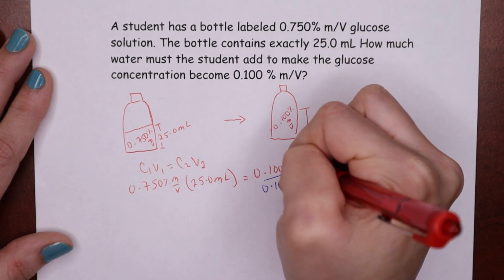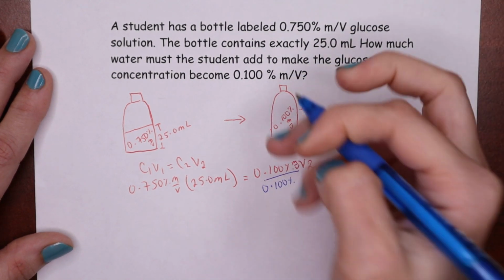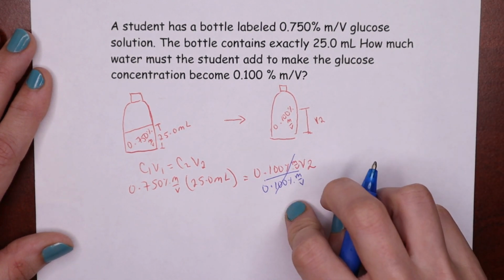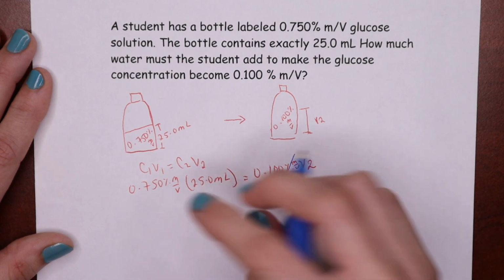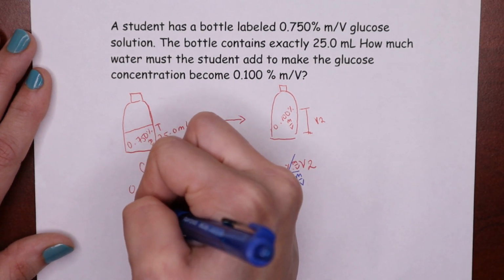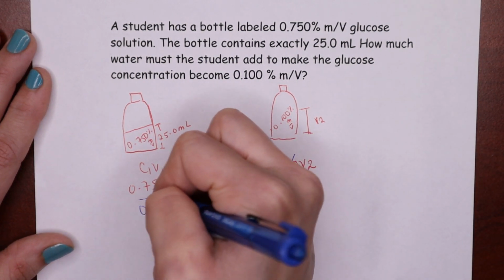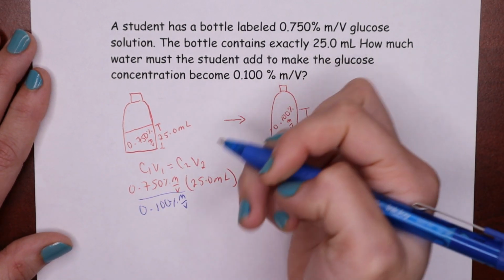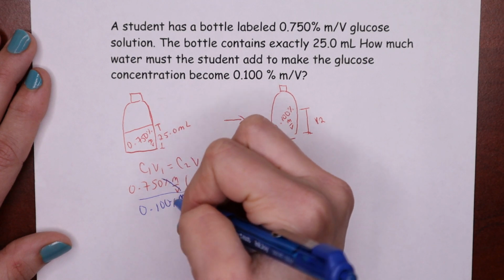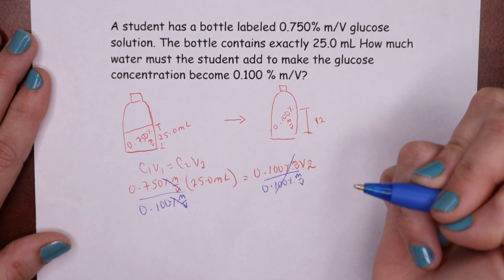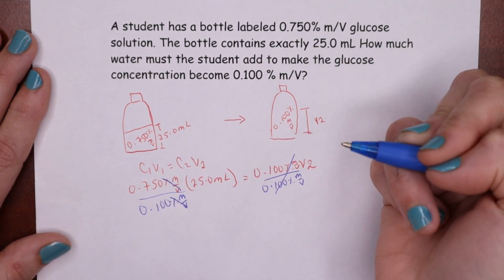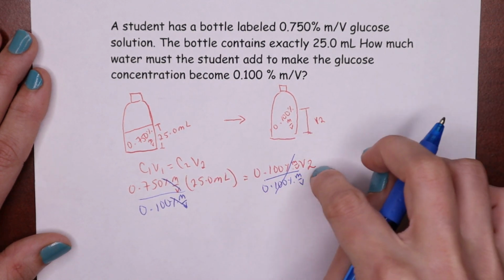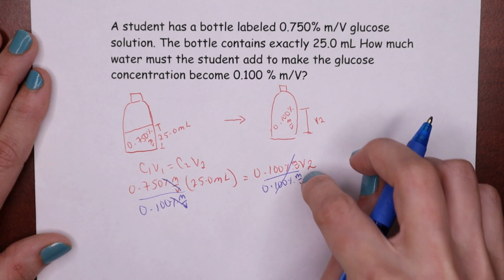Let's not forget my units. So I'm gonna be able to get rid of it here. Whatever I do on this side, I have to do it on this side. Notice how my units here, percent M/V, get crossed out, and I'm left over with milliliters, which is a unit of volume, which is what we wanted.